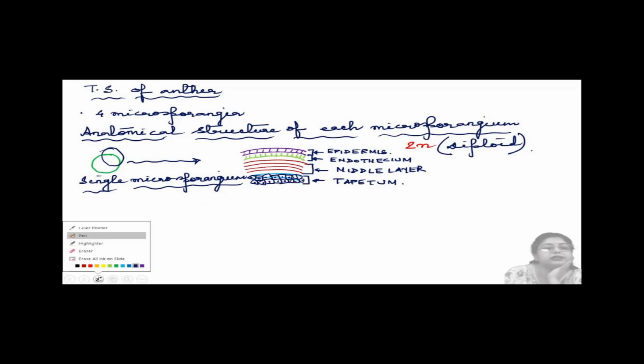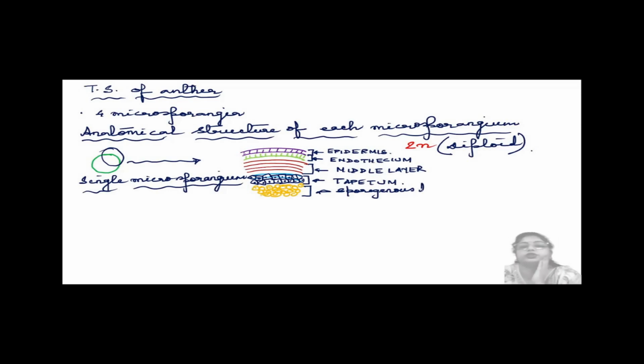And next I shall draw here the sporogenous tissue. This is the sporogenous tissue. All these are sporogenous. In this very simple way you can show all these. Only the labeling should be done very carefully. Sporogenous tissue. Okay.